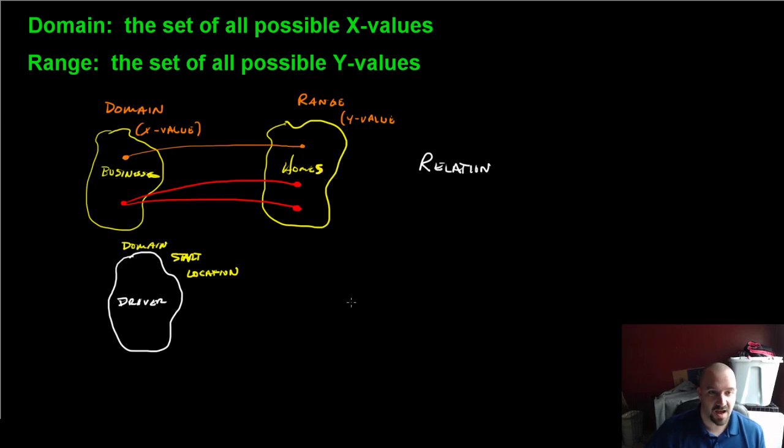And then you would have all of the homes that the business wants to connect to. So this would be their homes. Okay, so some scenarios to think about.